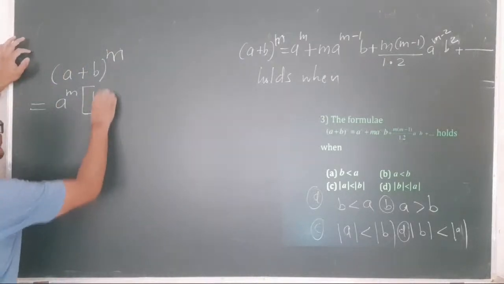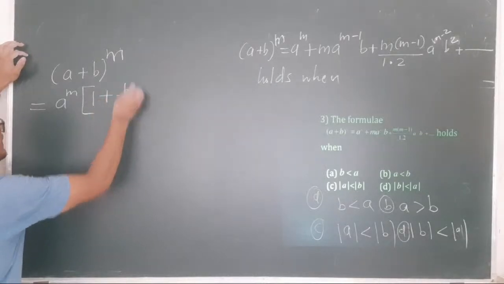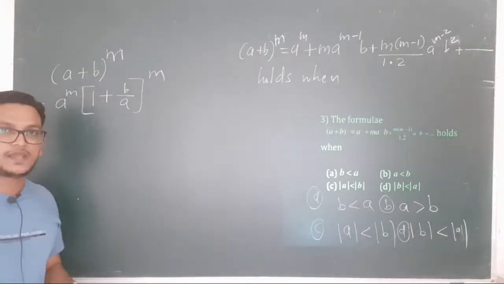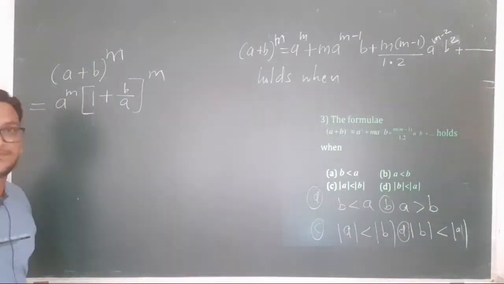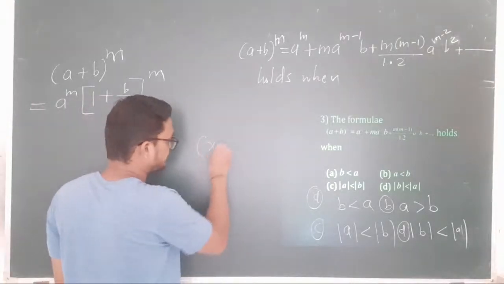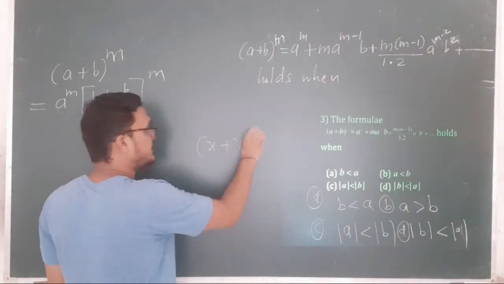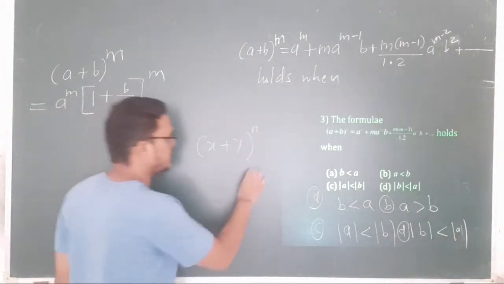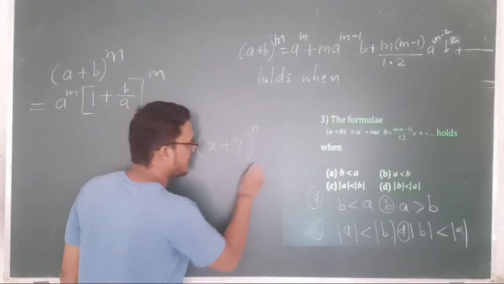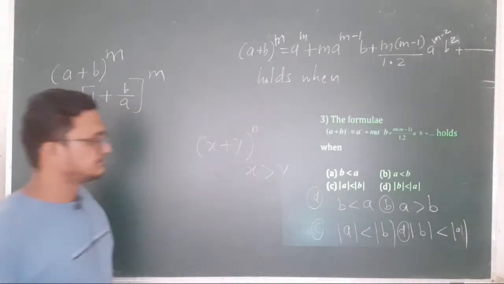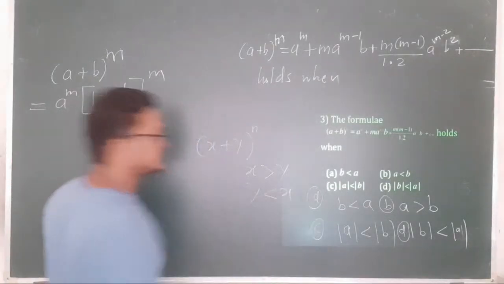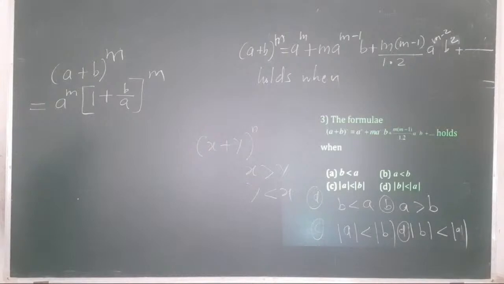Then what is left? (1 + b/a) to the power m. See, keep in mind, whenever it is (x + y) to the power n, in this always x is greater than y, or I can say y is less than x. Remember this.